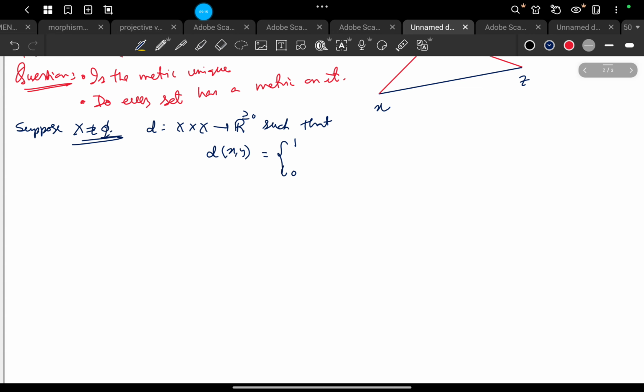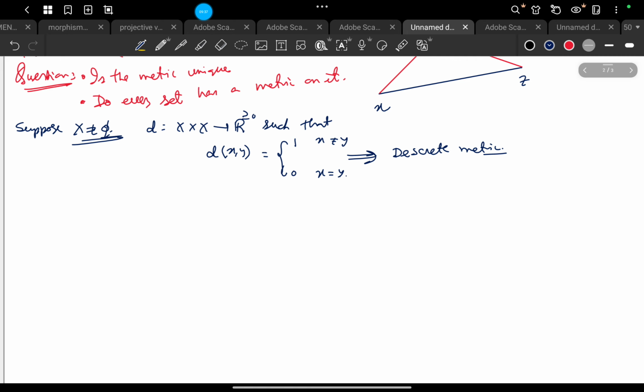It is 1 when x is not equal to y, and 0 when x equals y. Then this will be a metric, and this is said to be a discrete metric. So whenever I have a non-empty set, I can define a discrete metric on it.